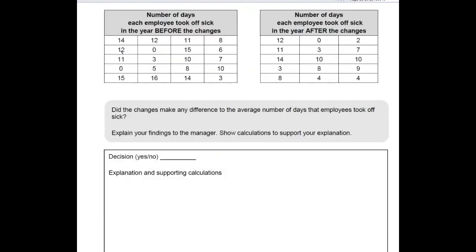So the question is giving us a choice of what average we want to use. So looking at this information in the tables, probably the quickest and easiest calculation to go for, and I always recommend going for it, is the mean. So let's just calculate the sum of the 2 tables. So add up each of the columns and then add the columns together.